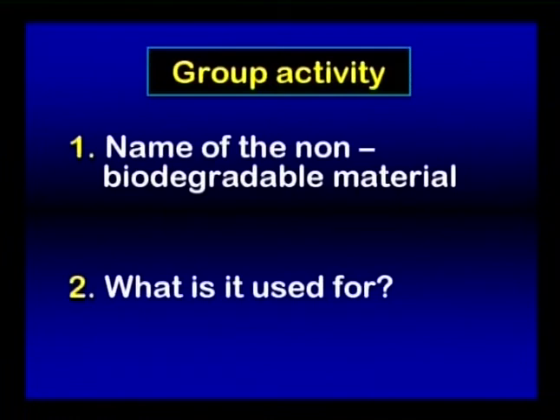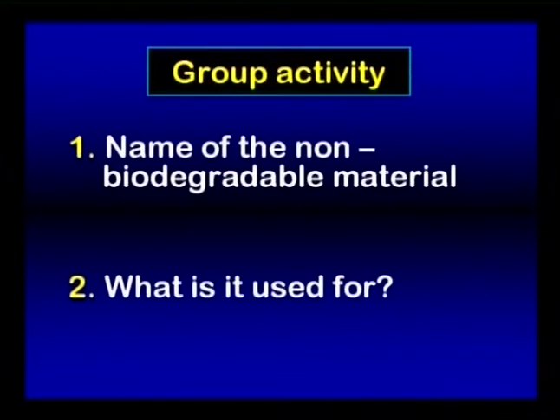All right, that is your first question. I'd like you to now discuss. You are going to choose one non-biodegradable material and write its name. So you work in your little groups within your big groups.